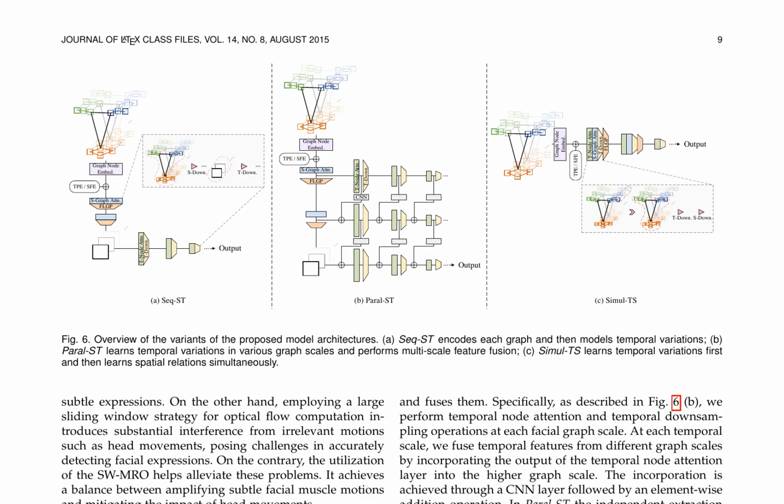The proposed model, SpotFormer, is a multi-scale spatio-temporal architecture designed for facial expression spotting. It has been validated through a comprehensive comparison of multiple model architectures, including Seq-ST, Parallel-ST, and Simul-TS. The experimental results demonstrate that SpotFormer, Simul-ST, achieves the best overall performance on the SAMM-LV and CAS(ME)^2 datasets, attributed to its ability to simultaneously learn spatial and temporal information.